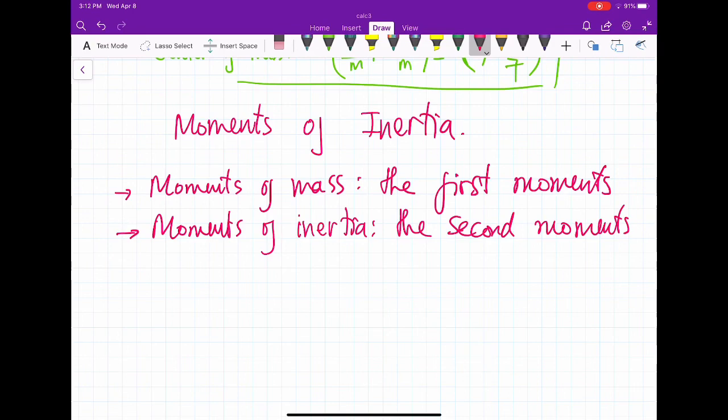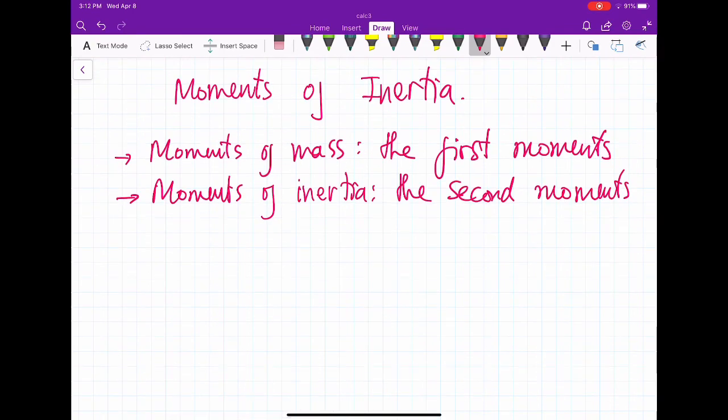So the moment of inertia can be described as I equals m d squared, where m is the mass and d is the distance from that point to the straight line.